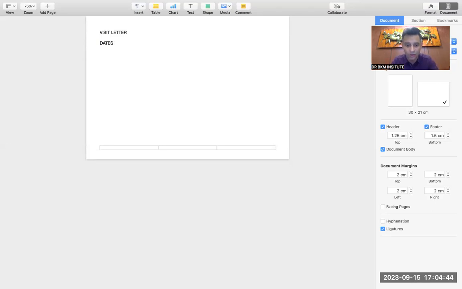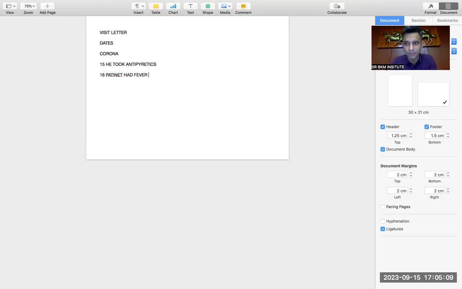Suppose there is a letter on the corona topic. On 15th the patient has some symptoms of COVID and took antipyretics. Then on 16th the patient had fever.